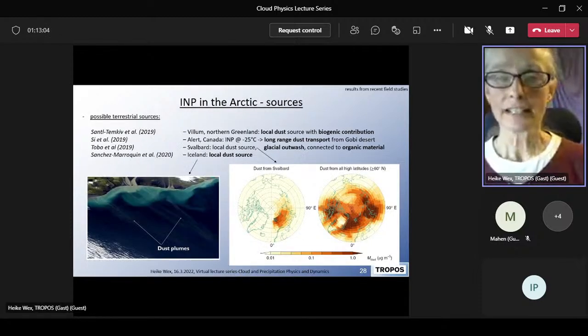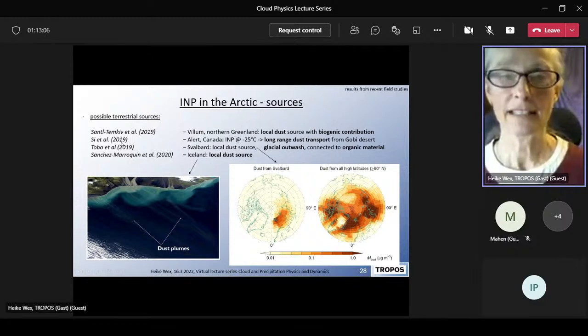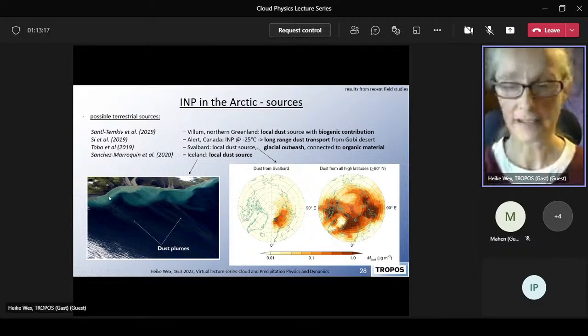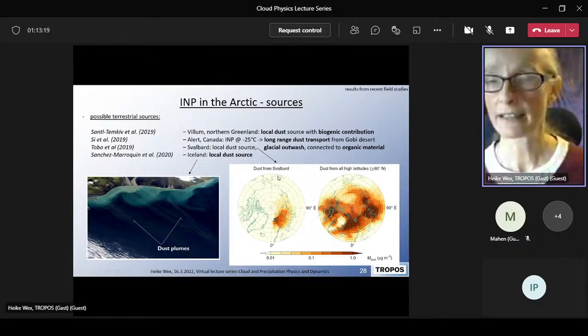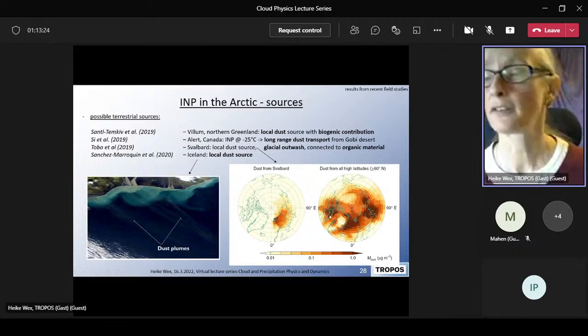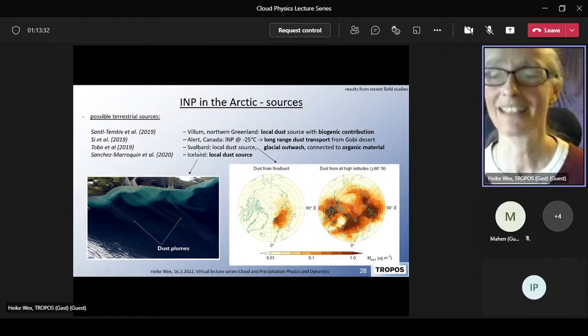Where could the sources be? There are possible terrestrial sources. I give you a number of papers here that talked about possible terrestrial sources. So here you see, for instance, there are dust plumes coming off Iceland. Here are possible dust contributions either only from Svalbard or from all land sources in the Arctic, from these 2 papers down here.